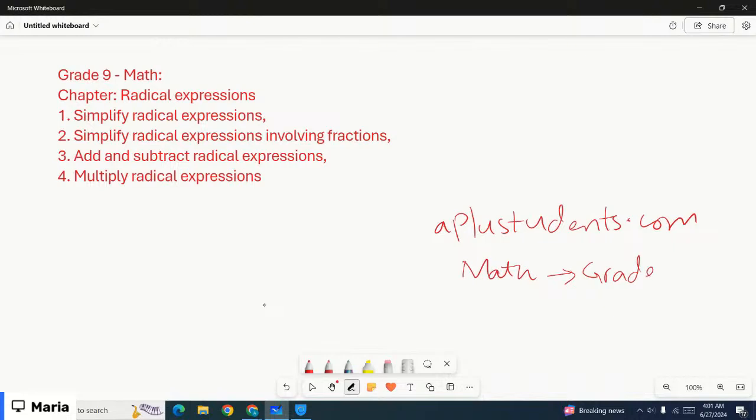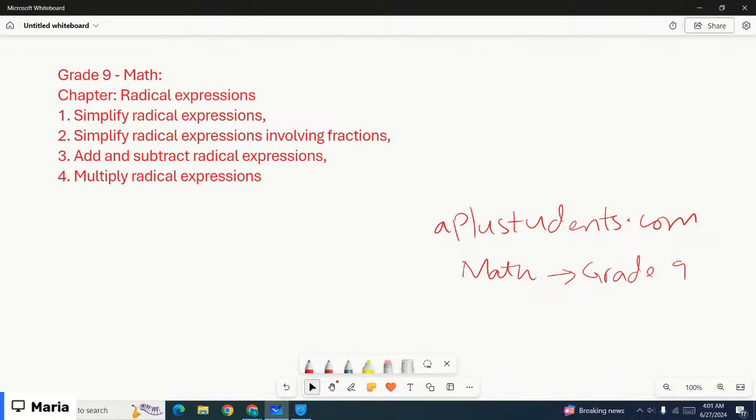Scroll down to grade 9 math and then click on view all lessons. There you can find a list of the chapters. We're going to start with the chapter radical expressions.